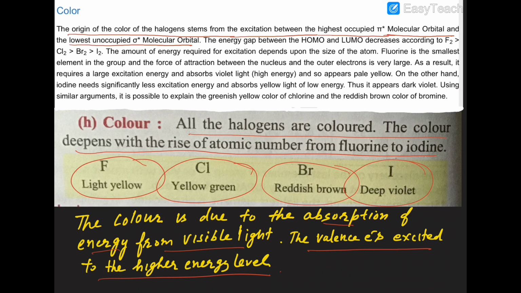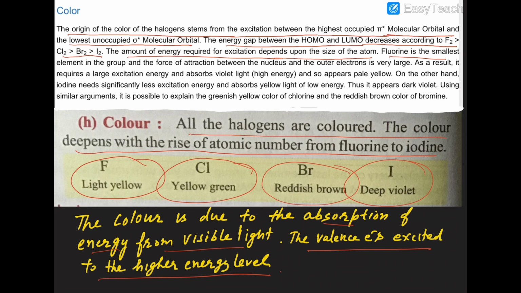The energy gap between the highest occupied molecular orbital and the lowest unoccupied molecular orbital decreases according to fluorine, chlorine, bromine, and iodine. It means as you move down the group, the energy gap decreases. The amount of energy required for excitation depends upon the size of the atom.